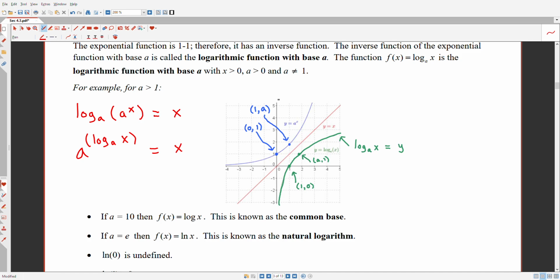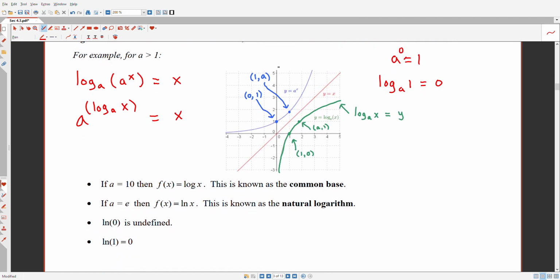And you can see this in some of the points I've indicated below. We had a to the 0 equals 1, and so the log base a of 1 equals 0. That was where our x's and y's were being flipped.